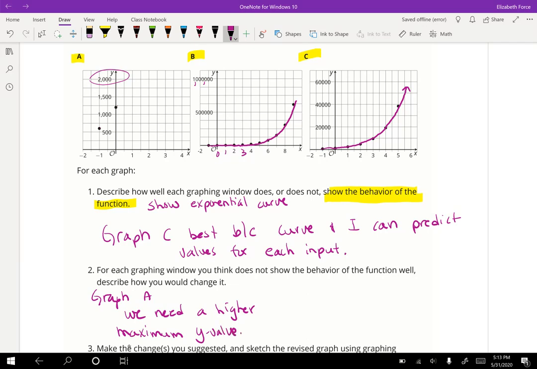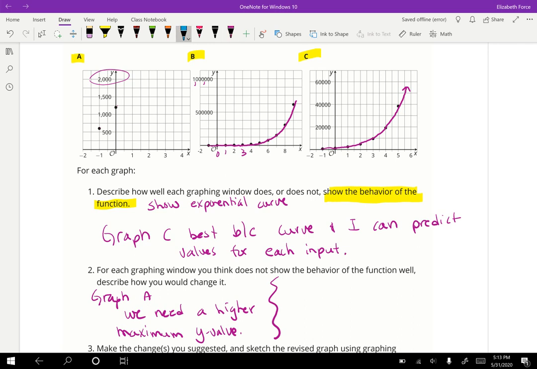We need to get our range to go up a lot higher. 2,000 is not nearly enough. Think about it. You're starting at 1,200 and you're doubling. Your first input value after the beginning is already off the chart and you can't even see it.